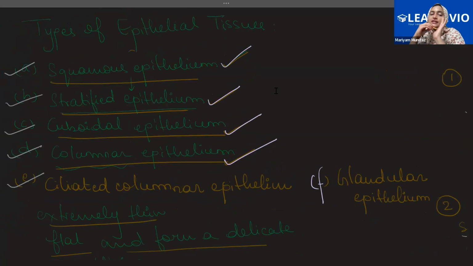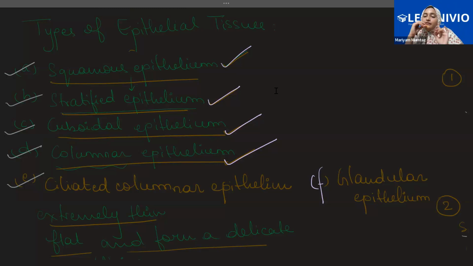Now, after we have classified the different kinds of epithelial tissue, we are going to see the characteristics of each one of them. We're going to see where they are located. Every tissue in our body has a very unique and specific location.